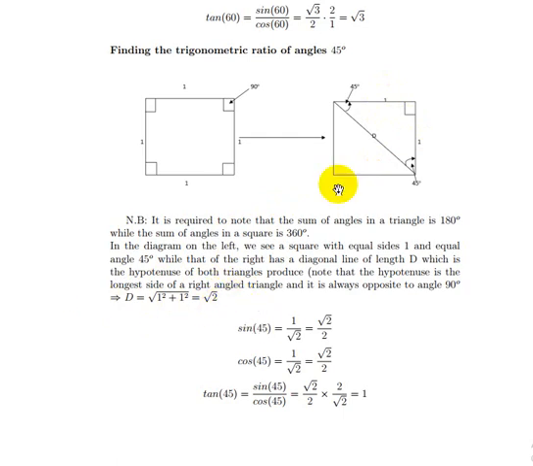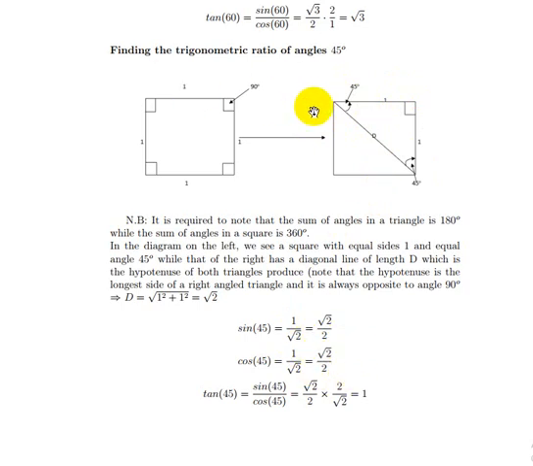So you have d. Now the sine of 45 is going to be 1 all over root 2, which gives you root 2 all over 2. Cos 45 is going to give you the adjacent, which is 1, all over the hypotenuse, which is still the square root of 2. So 1 all over root 2 gives you root 2 all over 2.